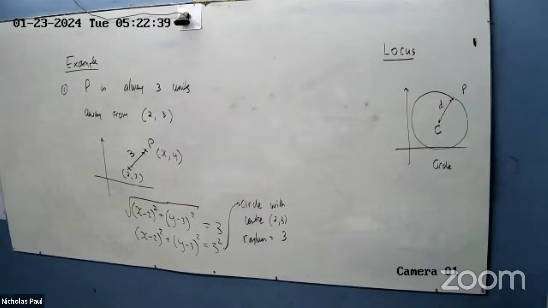All right, so sometimes it's a circle, sometimes it's a parabola, sometimes it's an ellipse, sometimes it's a straight line. Okay? Let's see if we can figure out what this one is. Number 2, find the locus.